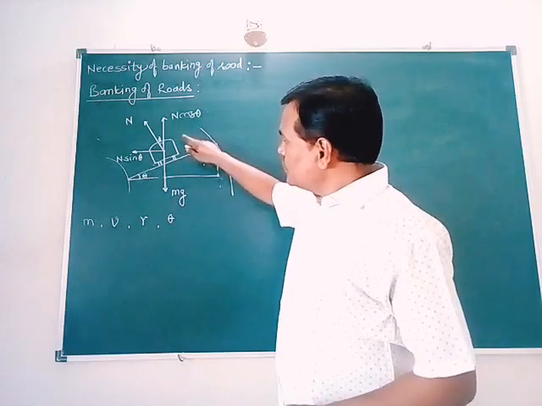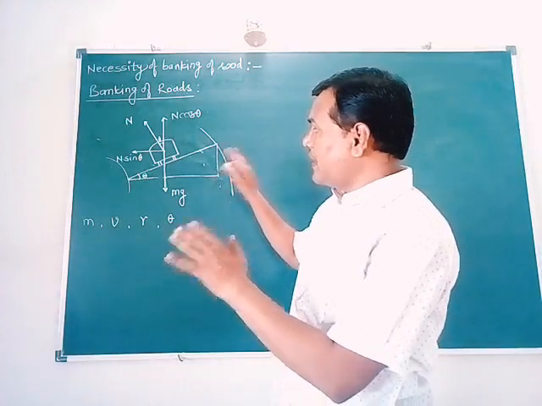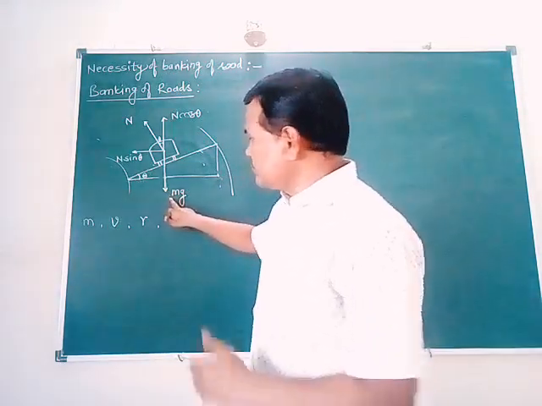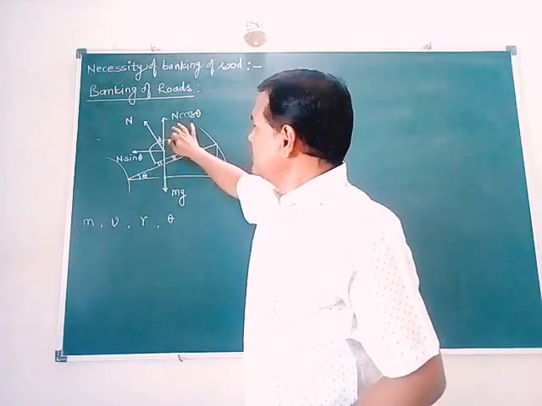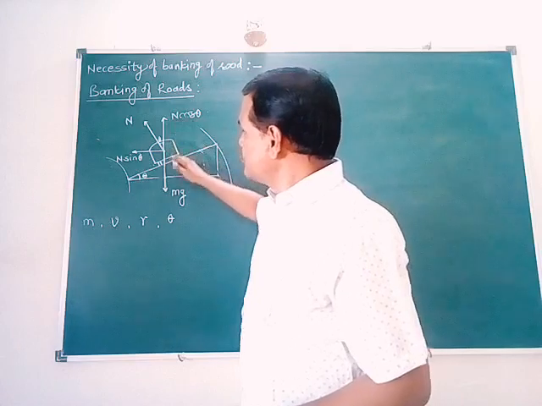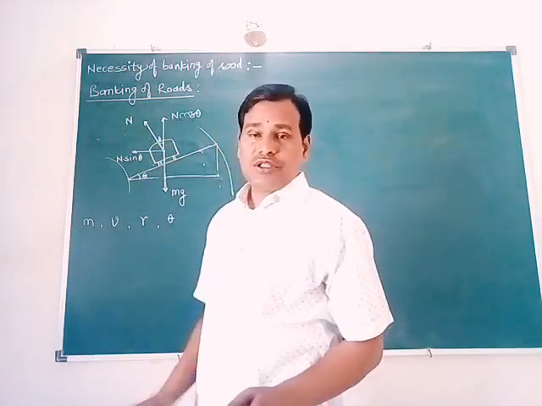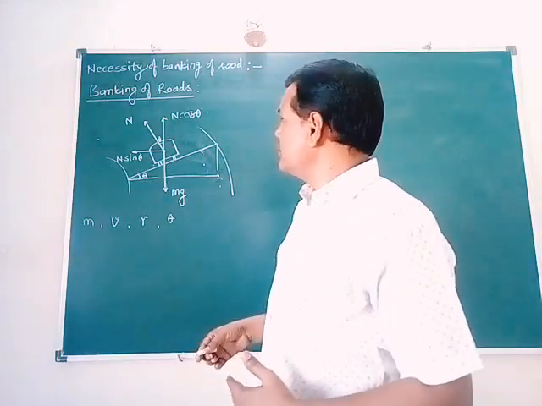When the vehicle is on the surface of road, that is on banked road, the forces acting on vehicle are its weight mg, which is acting vertically in downward direction. Second, the normal reaction, which is perpendicular to the inclined surface. This normal reaction is a vector quantity. It can be resolved into two components.